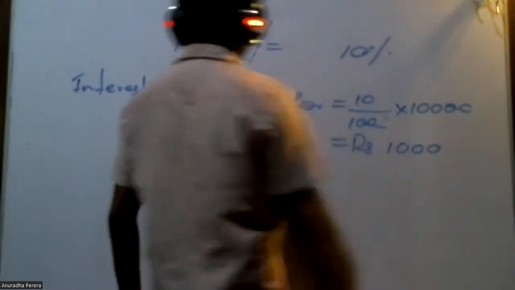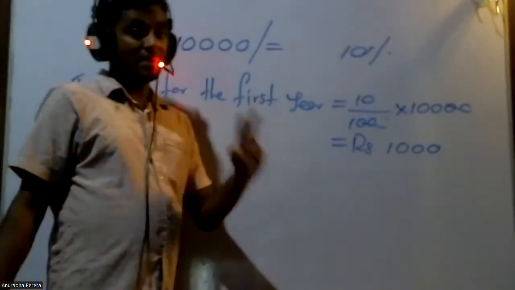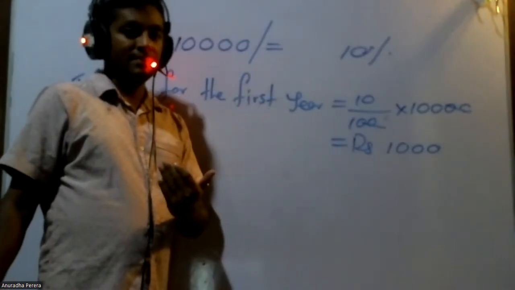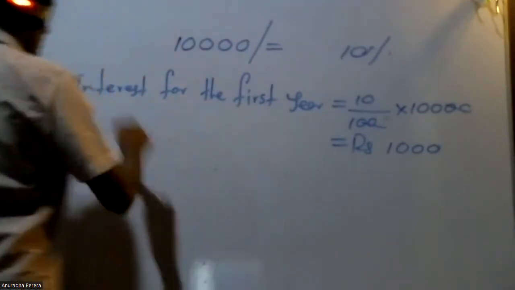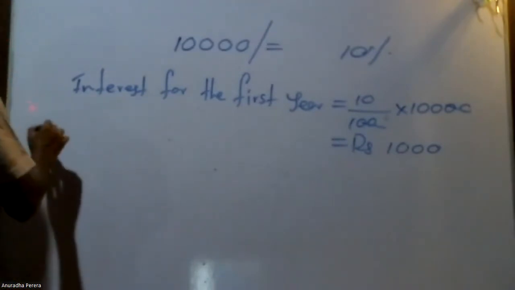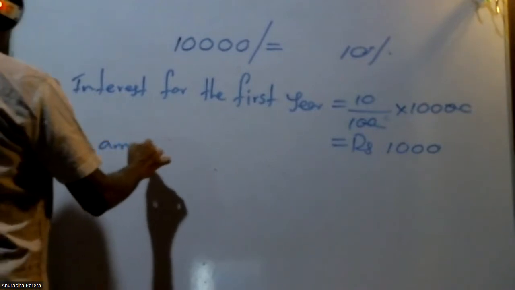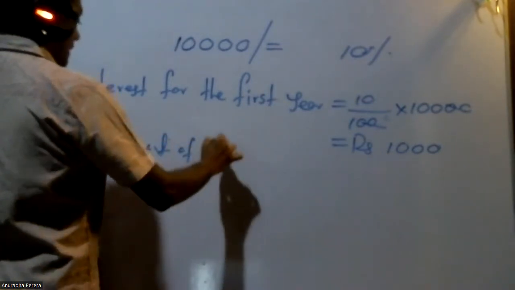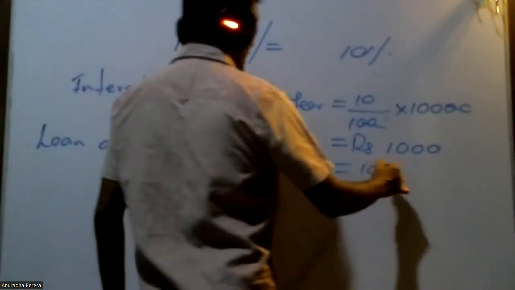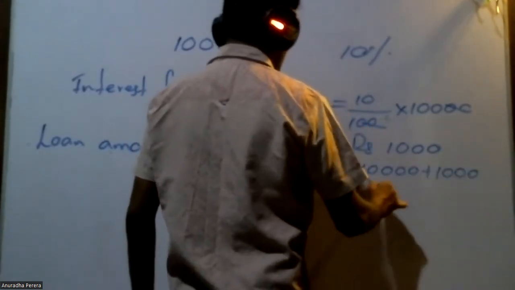Then we settle this loan after 2 years, so we have to determine interest for the second year also. Before determining interest for the second year, we need the loan amount of the second year. This interest should be added to the loan amount of the first year, which is 11,000 rupees.